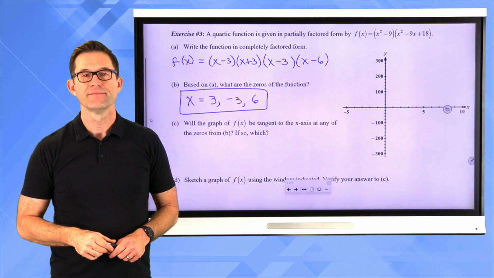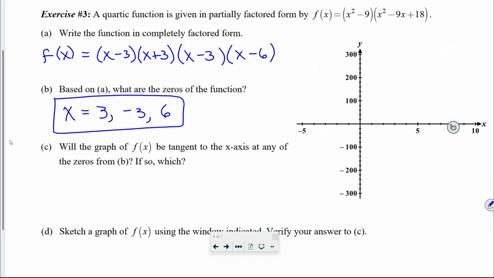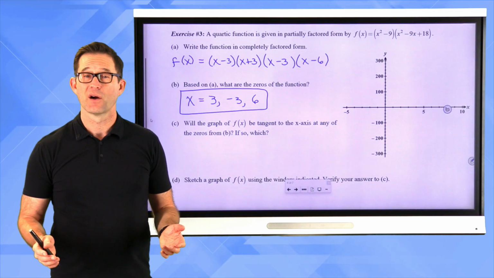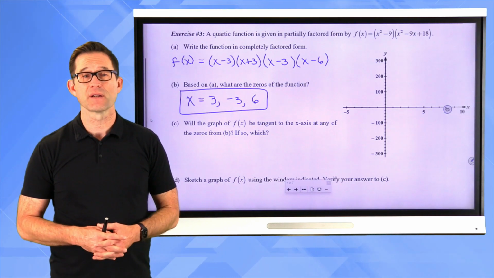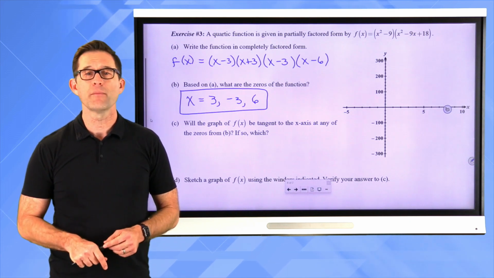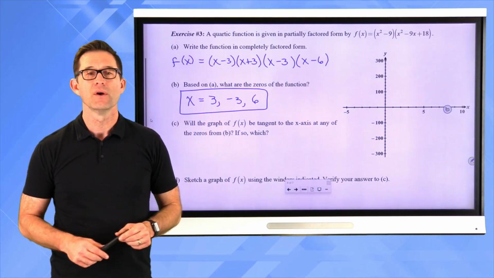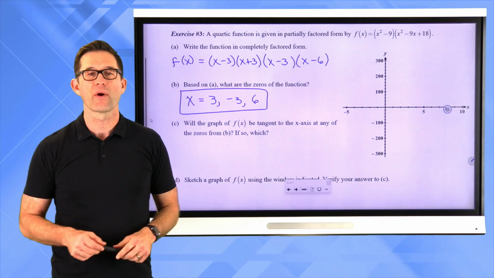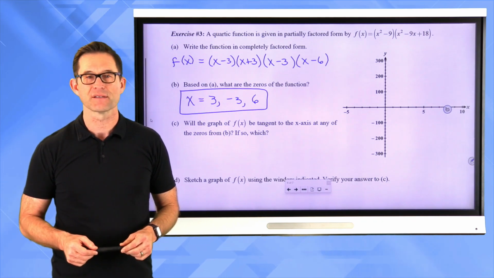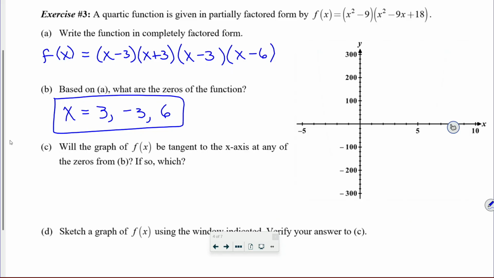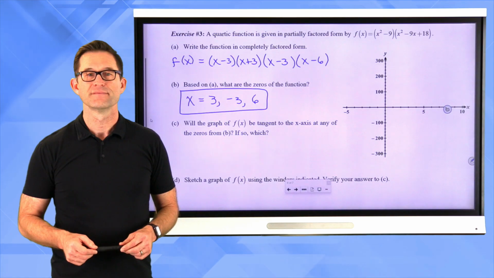Letter C. Will the graph of f of x be tangent to the x-axis at any of the zeros from B? If so, which? All right, well, we just talked about this in exercise number 2. Pause the video now and tell me if any one of these 3 zeros will end up being a situation where the graph is tangent to the x-axis. You bet.